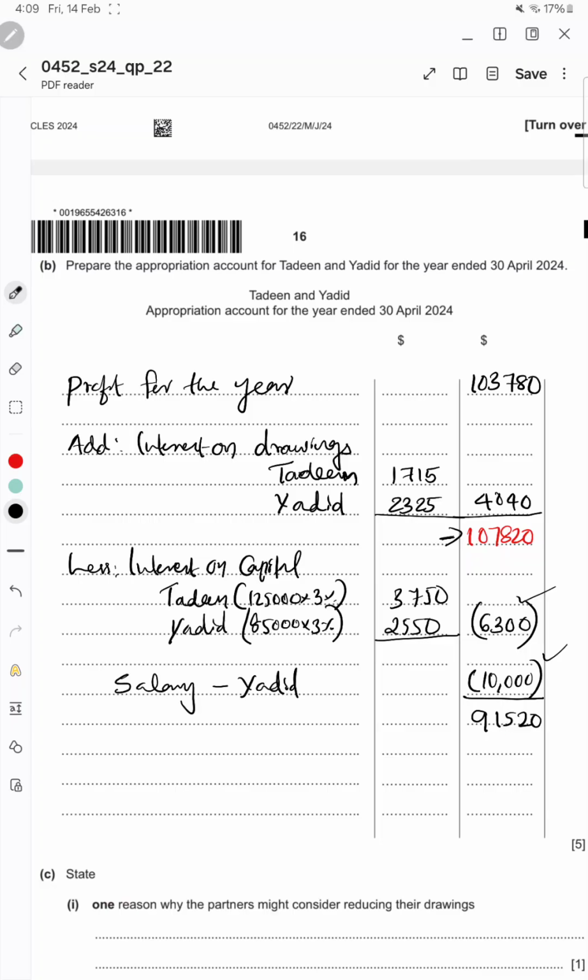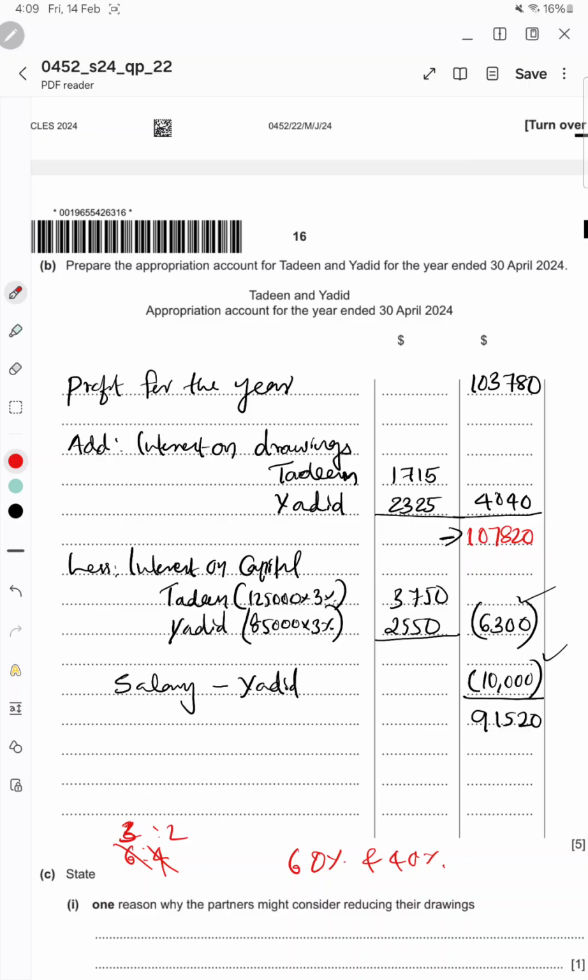This profit should be shared among all the partners, Tadin and Yadid, in the given ratio. The ratio is given as 60% and 40%. So either you can take 6:4, or you can reduce it to 3:2.